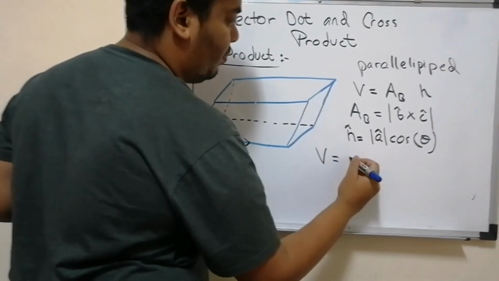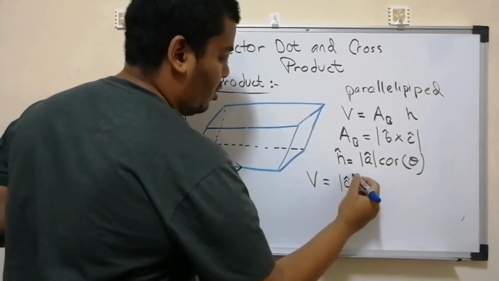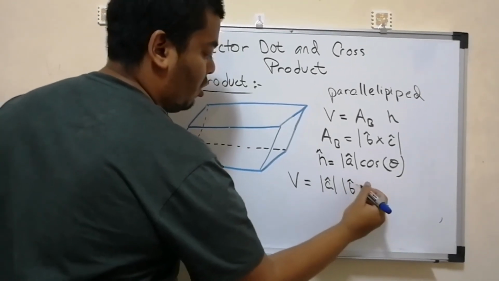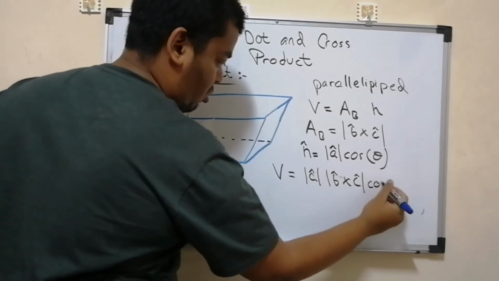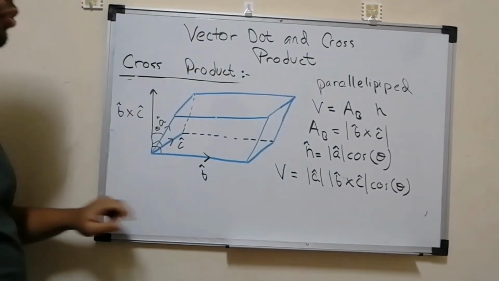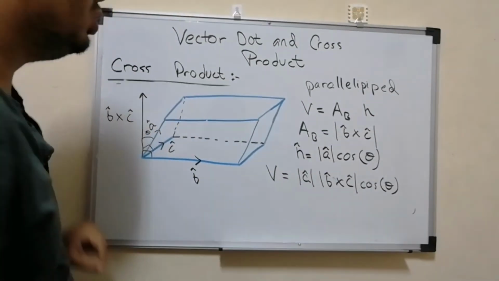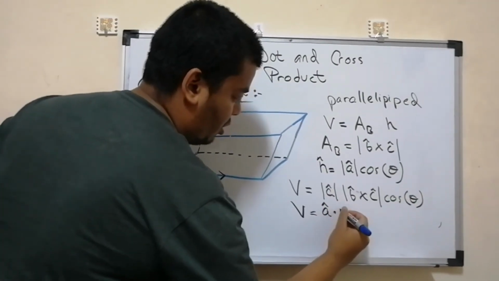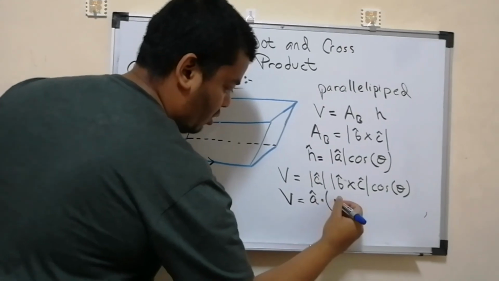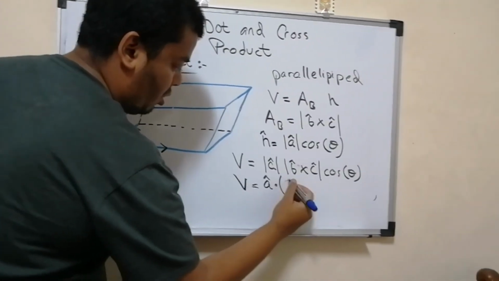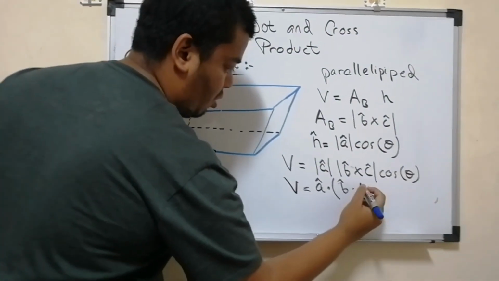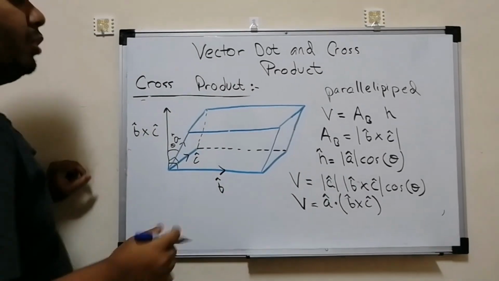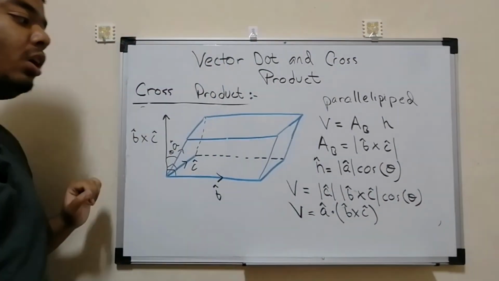Volume is equal to, now, if you consider this one vector and this the second vector, we can write the volume in this form because we know that this is the formula for the dot product.